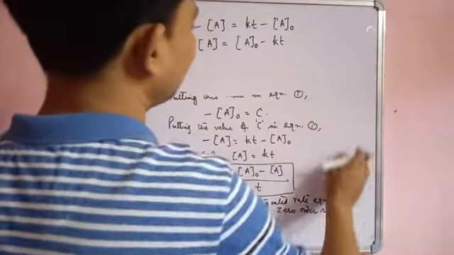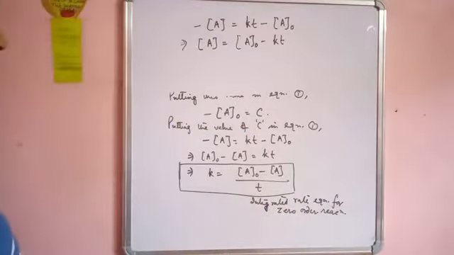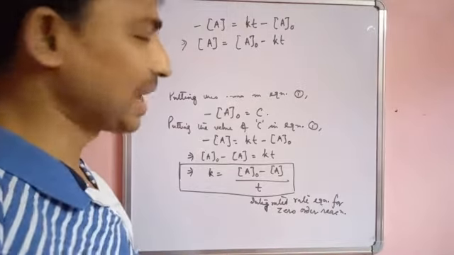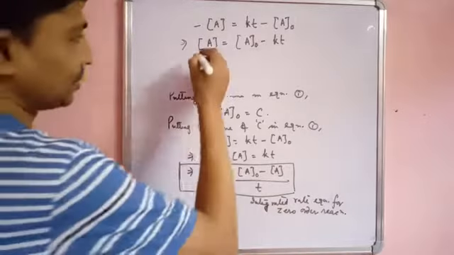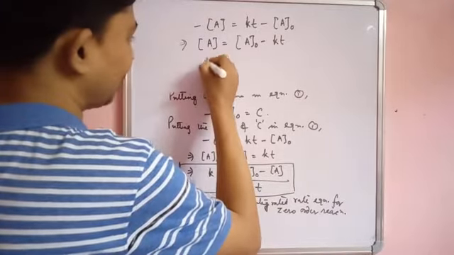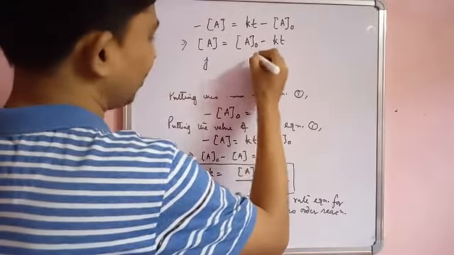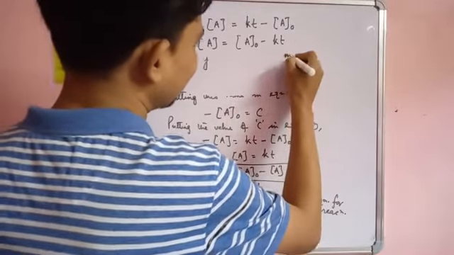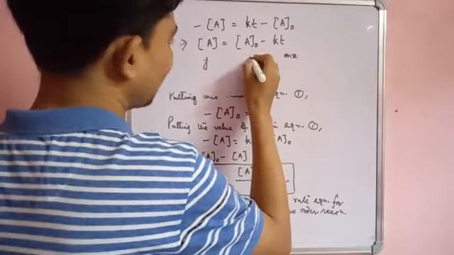Yes, it is possible for us to write. And you can see that this equation represents the equation of a straight line. So this is our y, this is our mx, and this is our c.